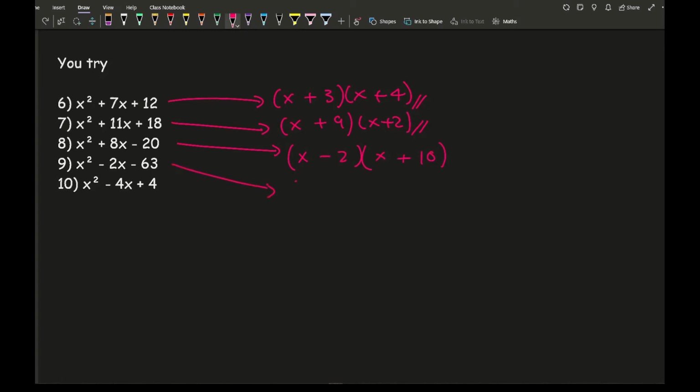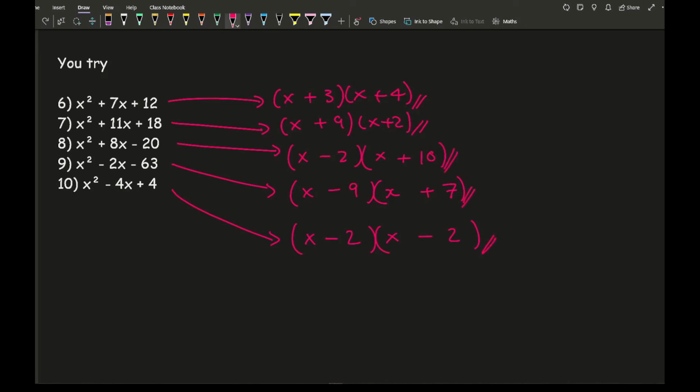For question 9, we're going to have 9 and 7, and you should have minus 9 and plus 7. And finally for question 10, which is a little bit tricky, you should have 2 and 2, both of which are minus.